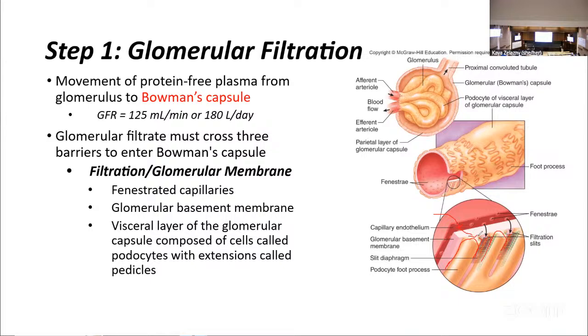And then we're going to be going through these filtration slits that lie between these foot processes, or podocytes, here. Okay, so this is what's forming that opposite side, this beigeish, orangish coating that you can see coating the glomerulus, coating that capillary network here.